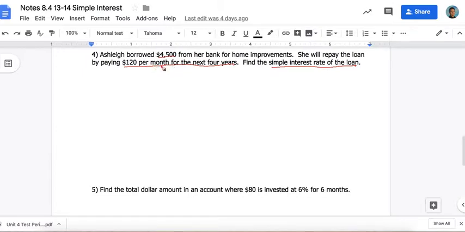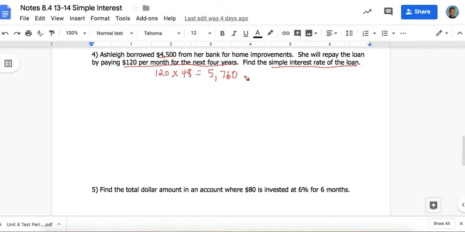So if it's $120 per month for the next 4 years, then I've got to multiply that by how many months there are in 4 years. And if there's 12 months in 1 year, then in 4 years there's 48 months. So I would do 120 times 48, and that's going to give me $5,760. Okay, so that's how much was paid with the interest.